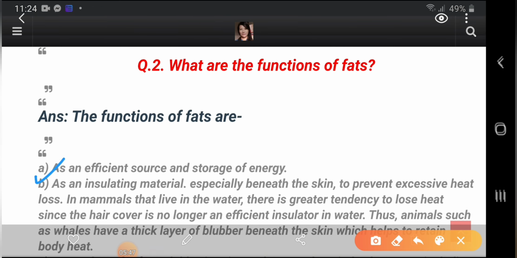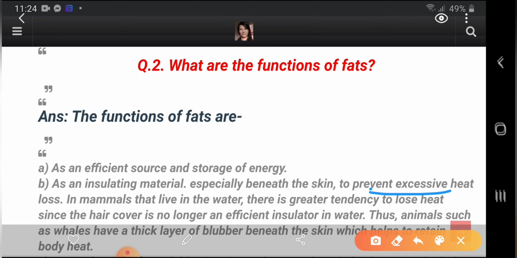Number 1 function, as an efficient source and storage of energy. So energy is also a main function. And number 2, an insulating material, especially beneath the skin, preventing excessive heat loss.